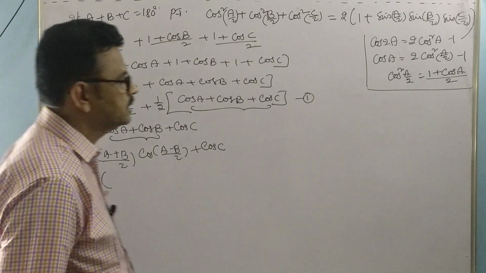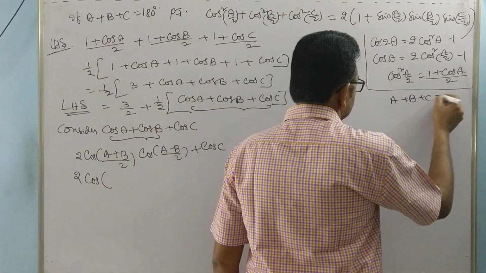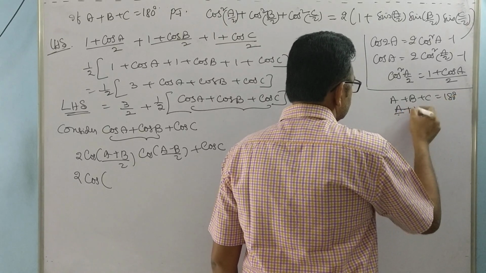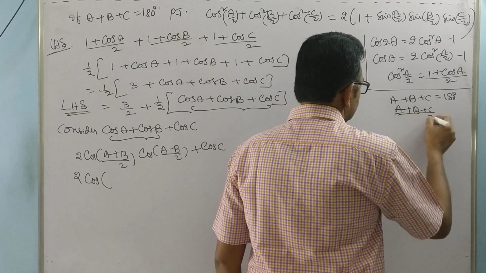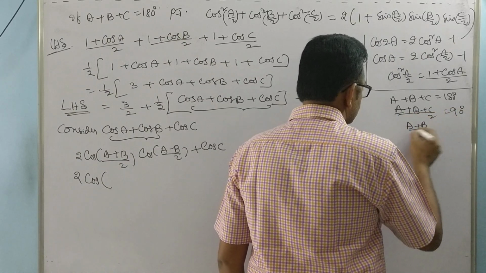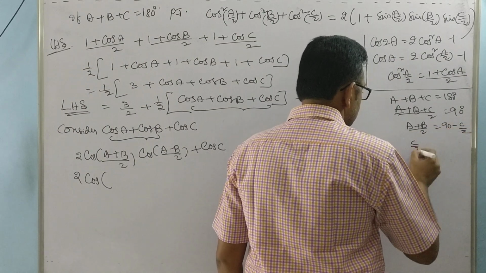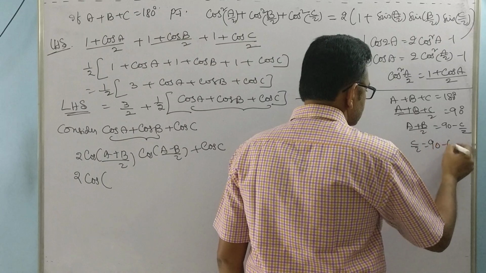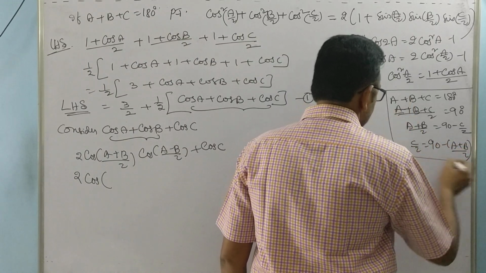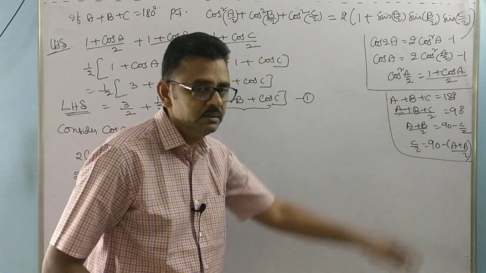A plus B plus C equal to 180 degrees. So dividing by 2, (A plus B plus C) by 2 equal to 90 degrees. So (A plus B) by 2 is equal to 90 minus C by 2, or C by 2 equal to 90 minus (A plus B) by 2. Yesterday in class we discussed all these things in detail.